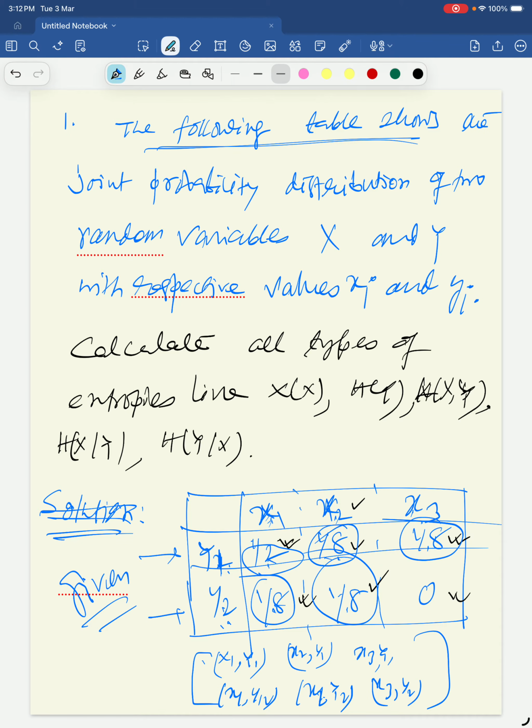So that means these values are half, 1 by 8, 1 by 8, 1 by 8, 1 by 8 and 0.